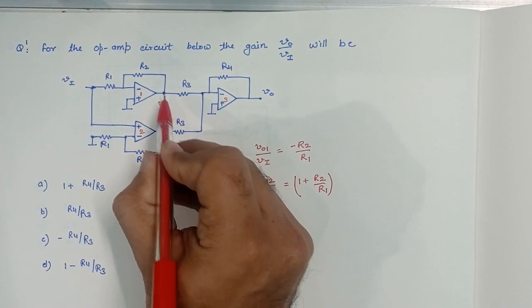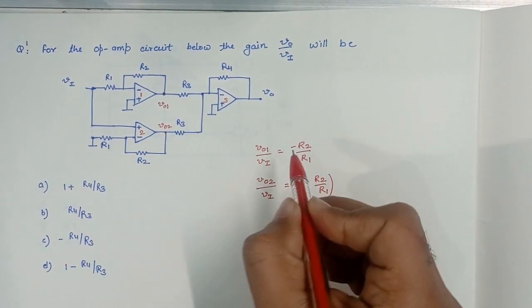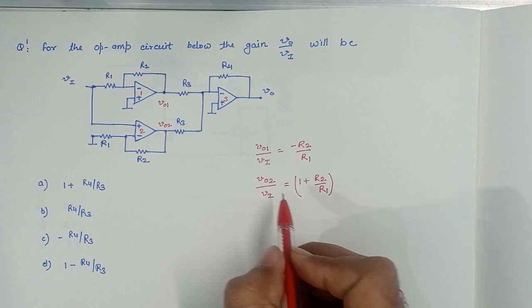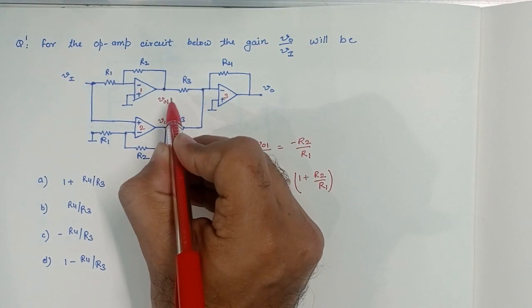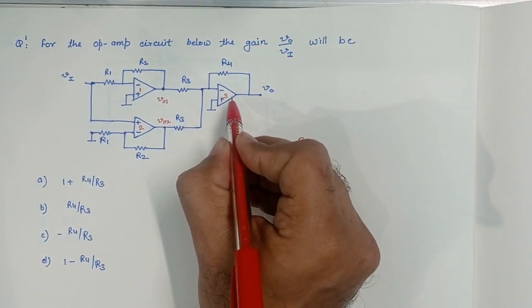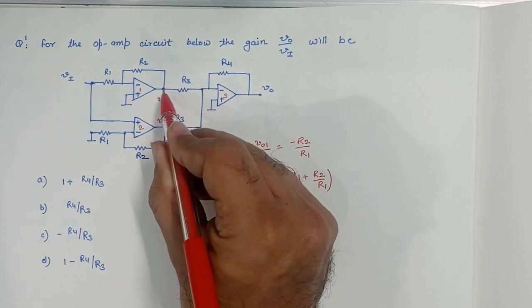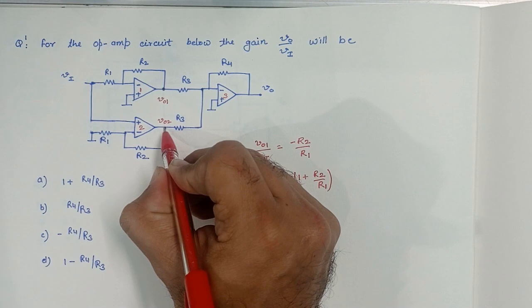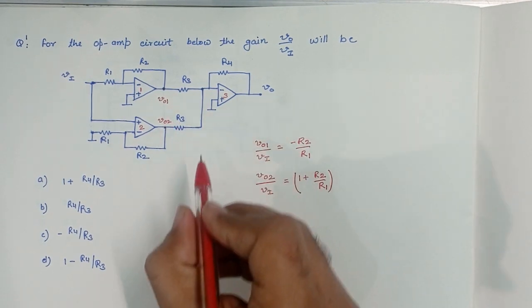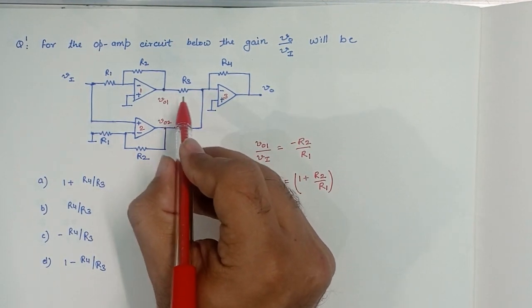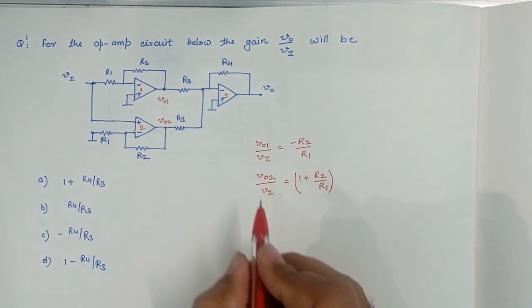So the voltages here and here we have got. This op-amp also has a virtual short at this node, and we have two voltages, V01 and V02. So let's apply the superposition principle for these two voltages.